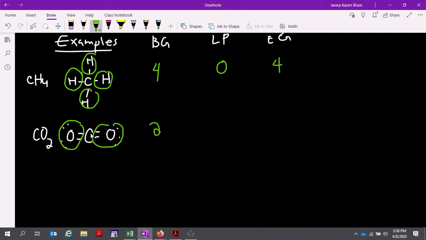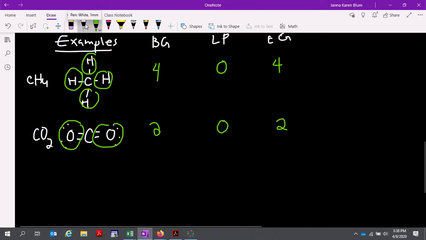That way you will never double count. So for carbon dioxide, there are 2 atoms attached to that carbon, so I have 2 bonding groups. The lone pairs is still 0 here, and so the total number of electron groups here is 2.